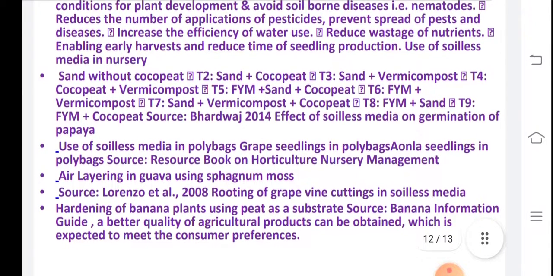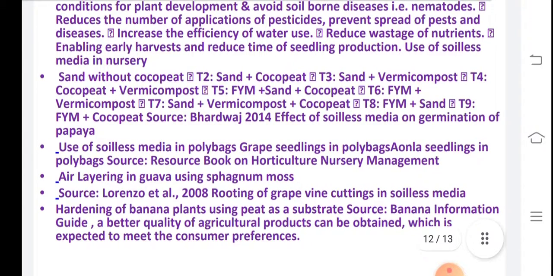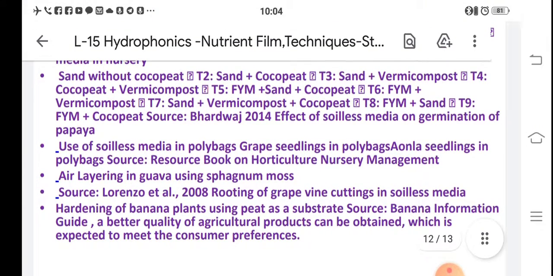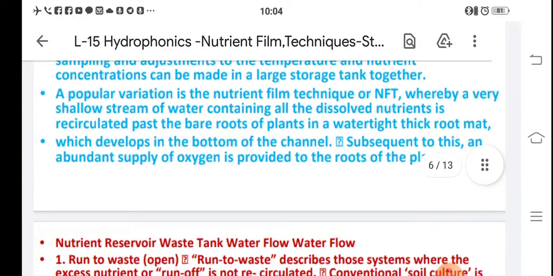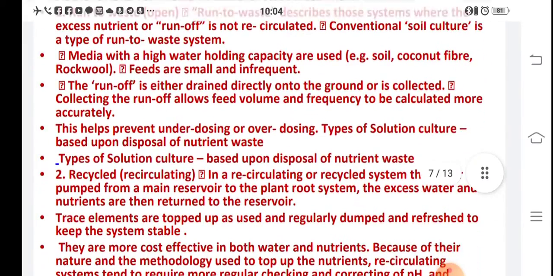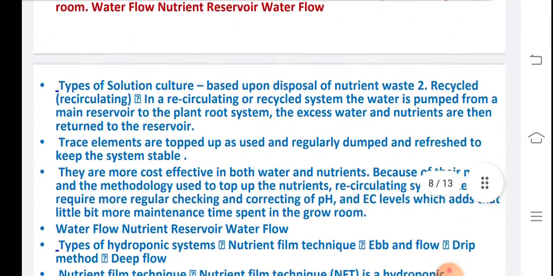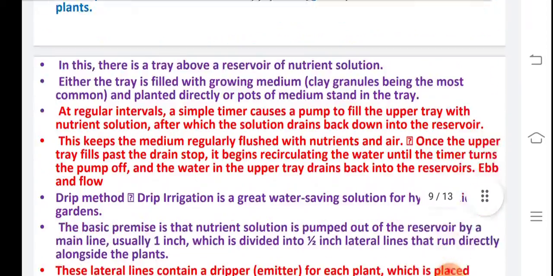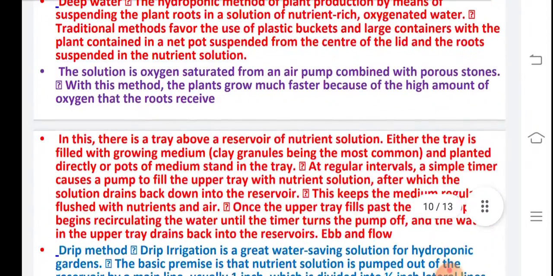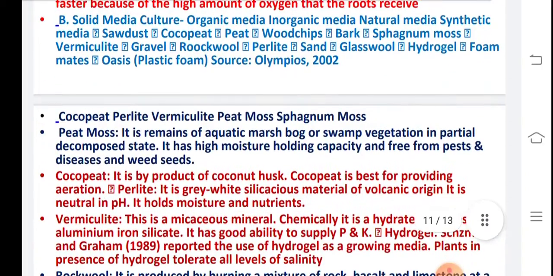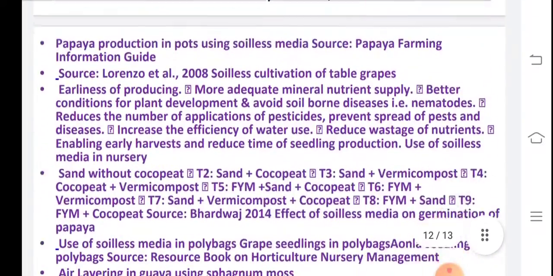Even our Indian scientist Bharadwaj, in 2014, studied soilless media on the germination of papaya seeds. Then use of soilless media in polybags for grapes. Polybags means the common bags we are commonly using. So these are some good examples here.